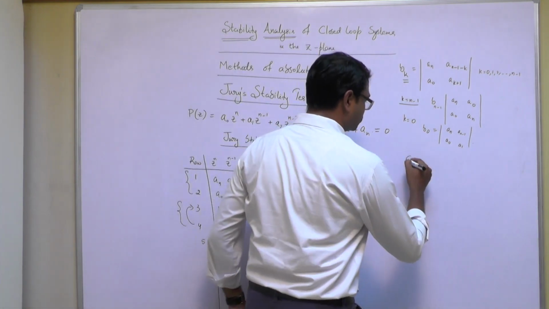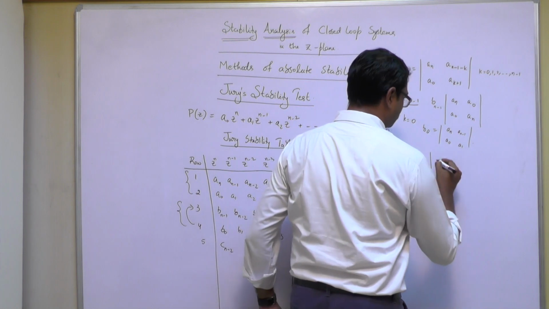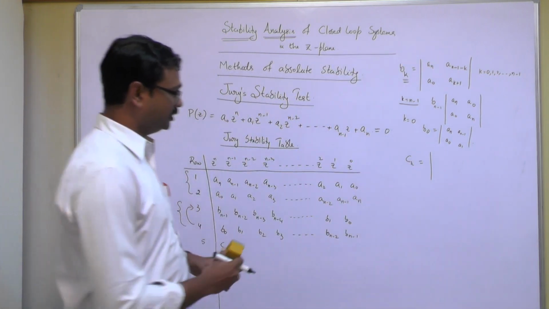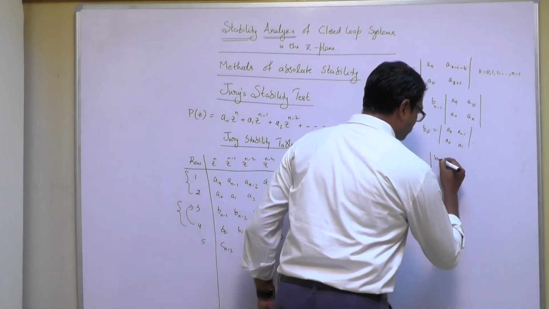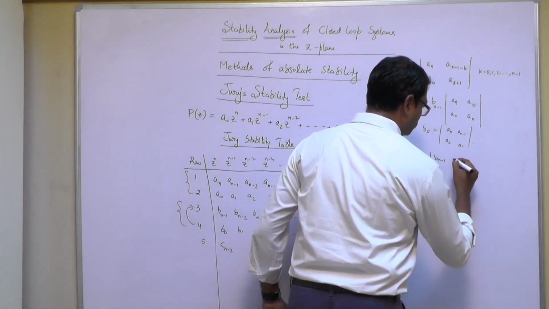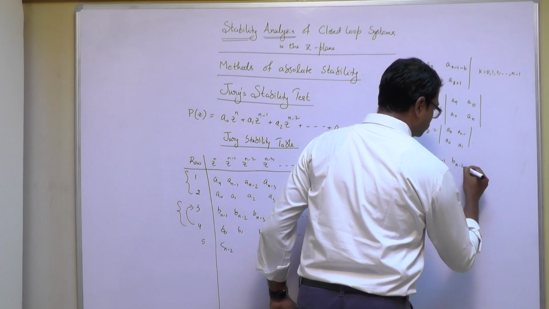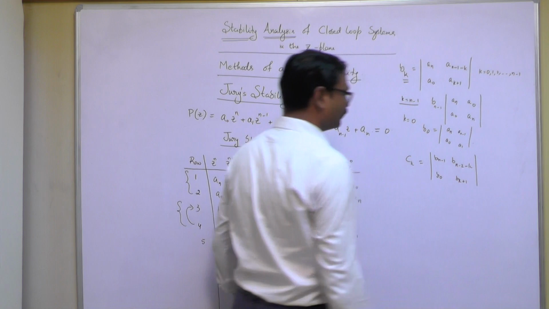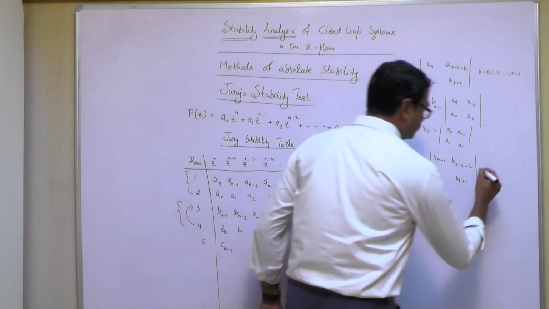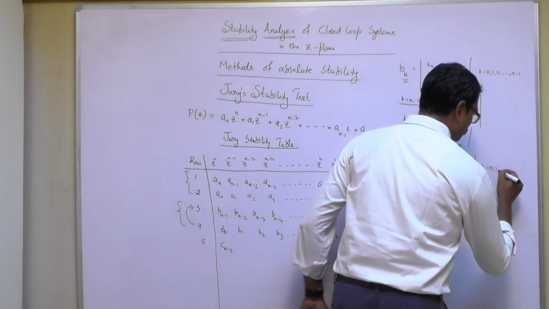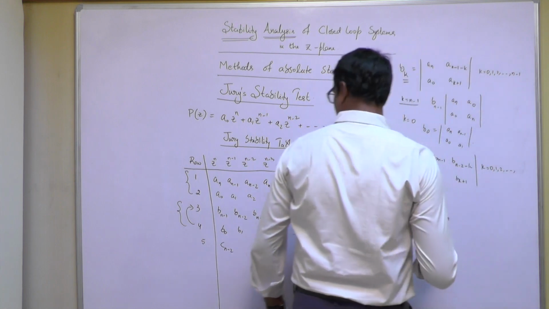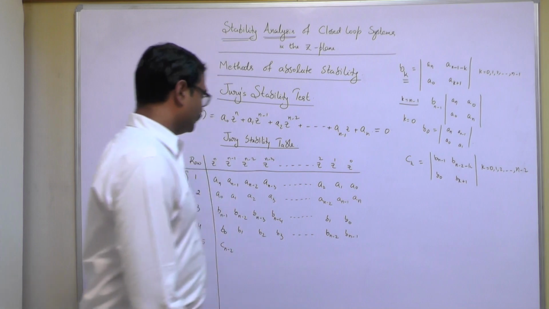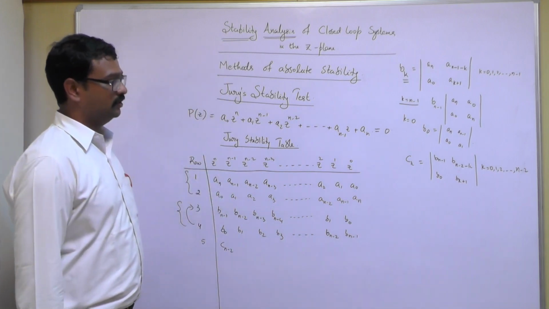And Ck is obtained from these two rows, so Bn minus 1, B0, Bn minus 2 minus K, Bk plus 1, and K is ranging from 0, 1, 2, so on, n minus 2.